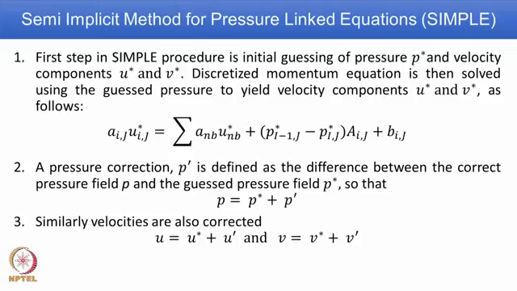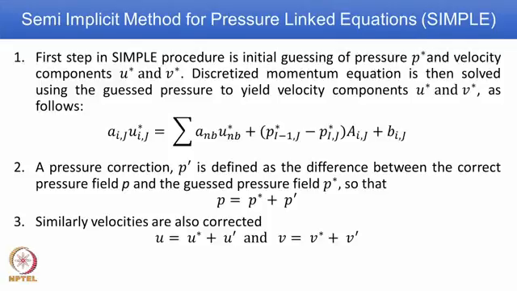So, the discretized momentum equation that we have just seen in the previous slide is then solved. Once you solve the discretized momentum equation using the guessed pressure, it will result in the guessed velocity components u star and v star, as shown here. Now, we can set up an equation for the pressure correction P prime.